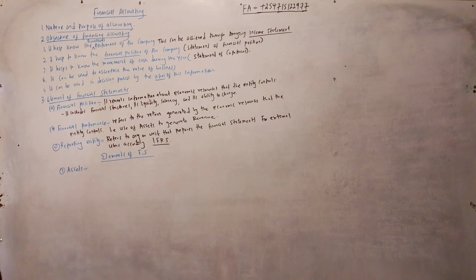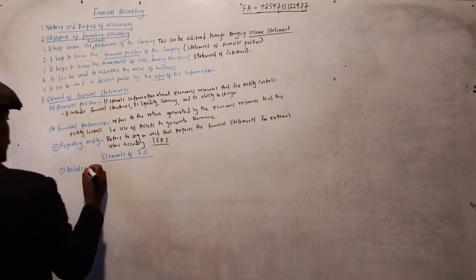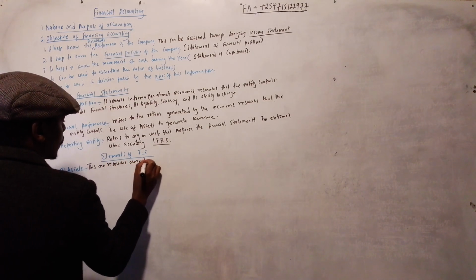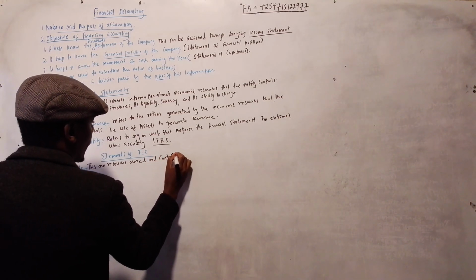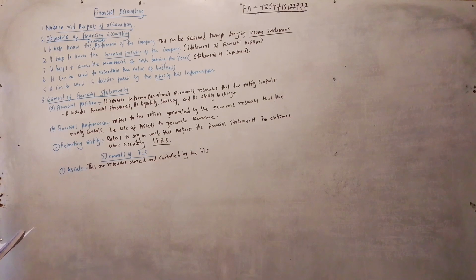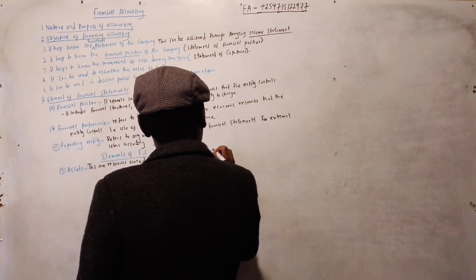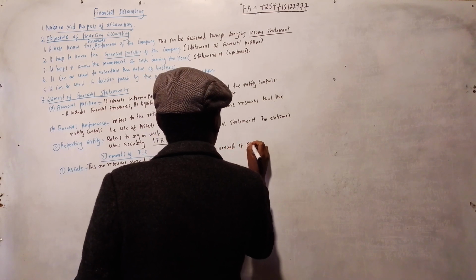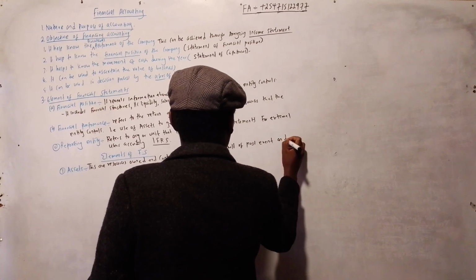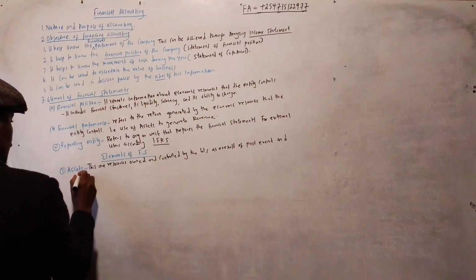These are resources owned and controlled by the business or the organization as a result of past events, and from which future economic benefit is expected to flow to the entity.